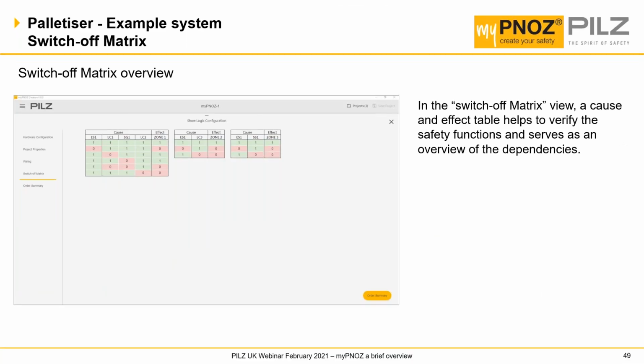Switching over to the switch off matrix, there's a matrix which will show all the healthy options and the off options for the zone. For example, on zone 1, if all inputs are healthy, the zone will be healthy. If the e-stop becomes unhealthy, no matter what any of the other signals are doing, the zone will become unhealthy.